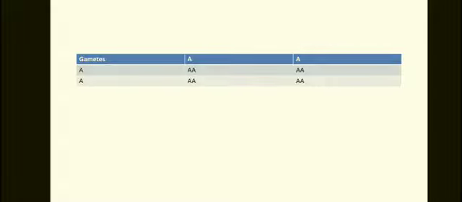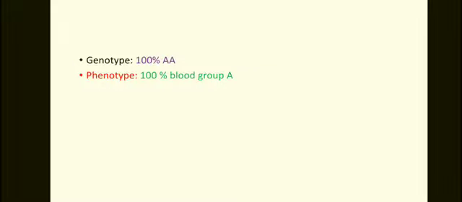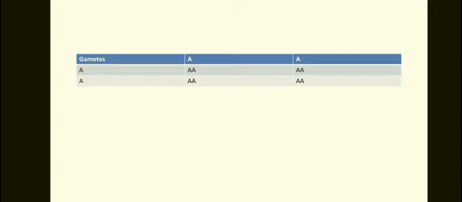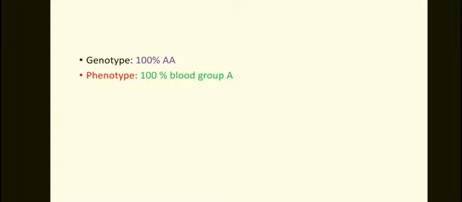Here in this case, both of them are equal in terms of blood group, even in terms of genotype: AA. So this is how we do it. Genotype is 100% AA, and phenotype is 100% blood group A.